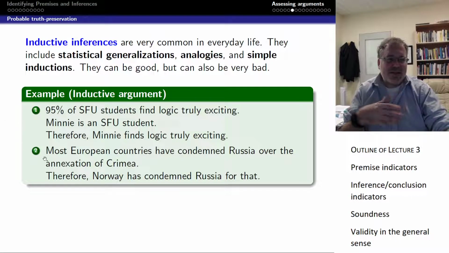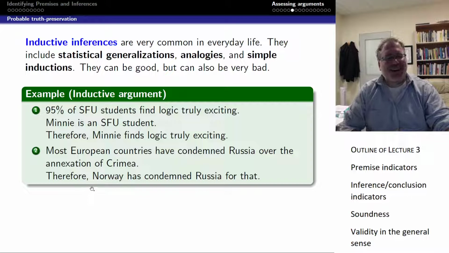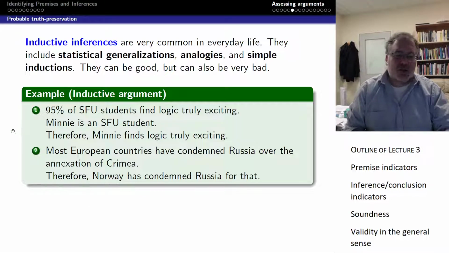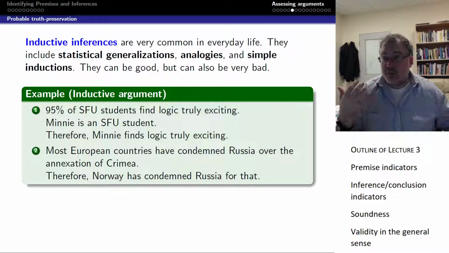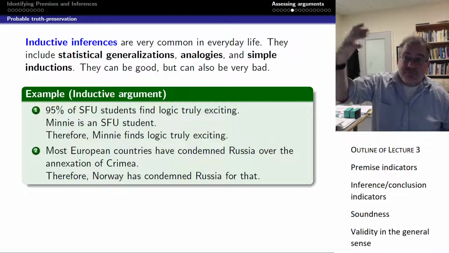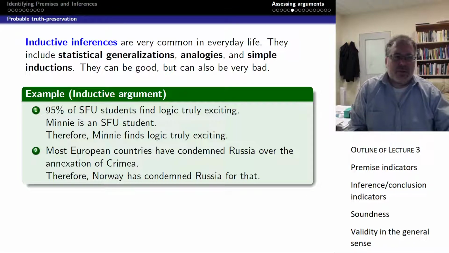But again, we didn't say that all European countries have condemned Russia for that. Russia certainly hasn't condemned itself, right? So it's only probably true that Norway did so. And so again, we have an example where the premise gives us some reasons to believe the conclusion, but it's not guaranteed that the conclusion is true if the premises are.